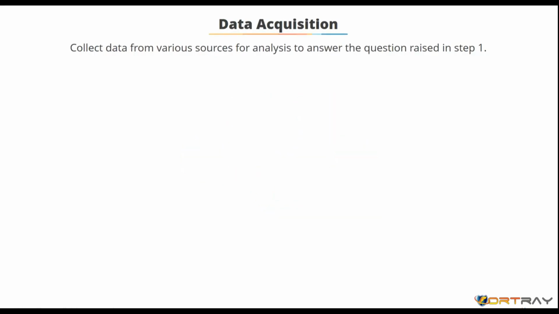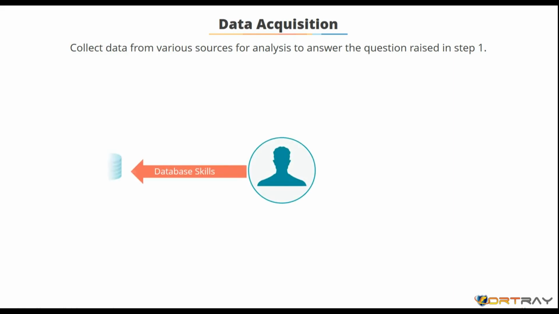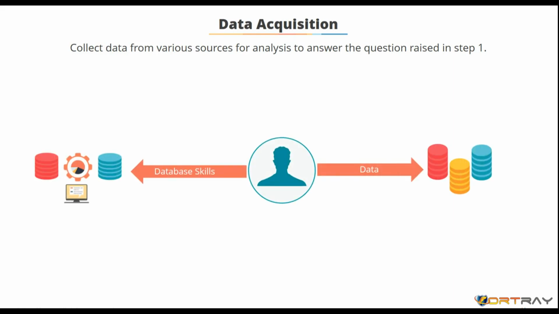To answer the question or to address the business problem raised in step 1, the next step is for you to gather or collect data. This process is known as data acquisition. The main task is to collect relevant data associated with the problem. The data could be residing elsewhere. A data scientist has to use database skills to fetch the data from databases.